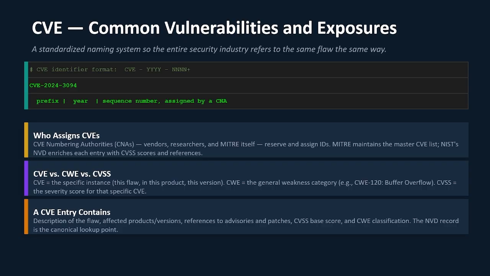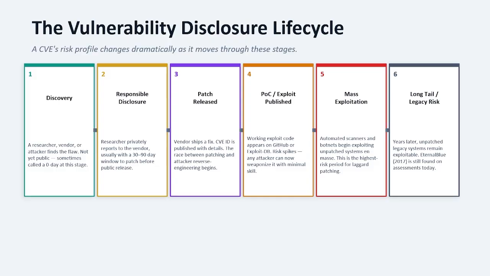So the CVE entry will list all of the different versions of Bash where Shellshock is exploitable. Some vulnerabilities only exist in a specific version; some have spread over many versions. There's also going to be a score associated with it, the CWE classification, and the NVD record is the canonical lookup point for that particular CVE.